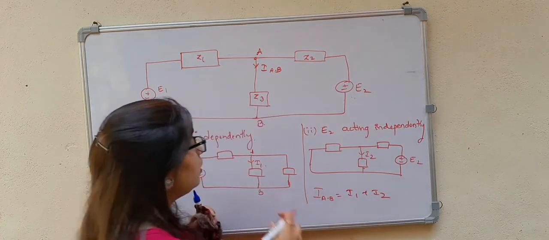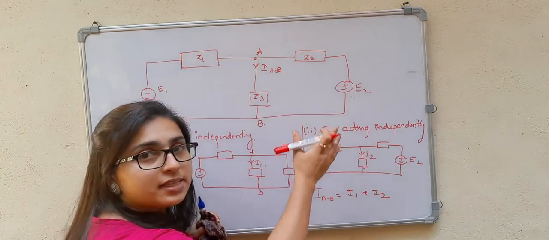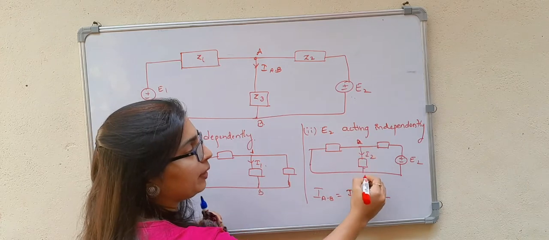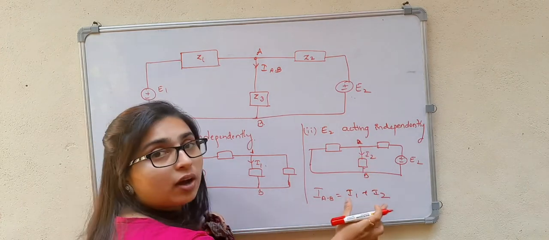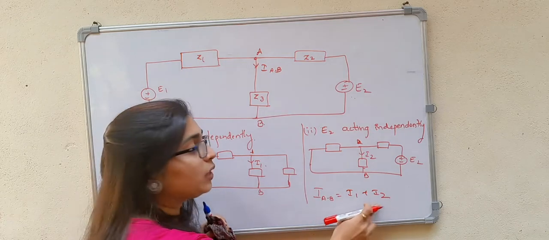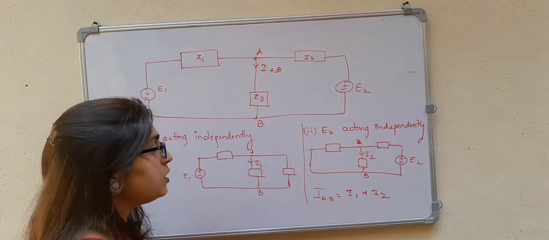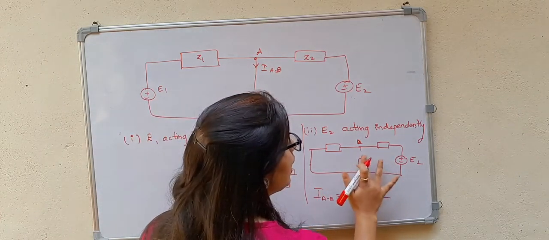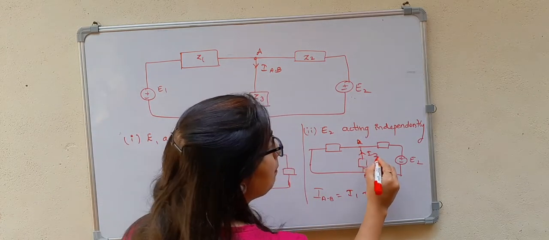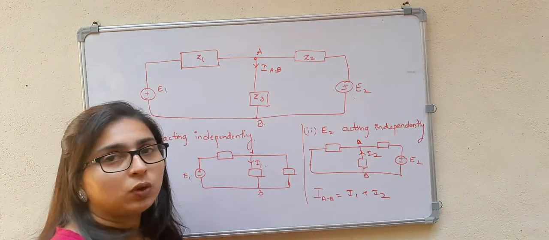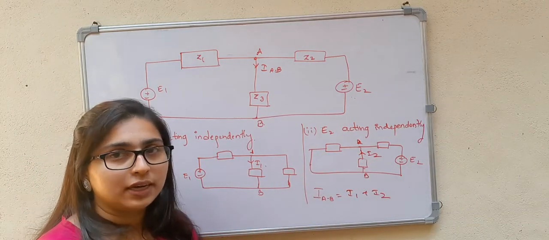Suppose the direction of the current is the same, both are flowing from A to B. In this case, your IAB will be equal to the sum of these individual currents. But suppose you have I1 flowing from A to B, but I2 is flowing from B to A. In this case, the magnitude will be equal to the difference between the two currents.